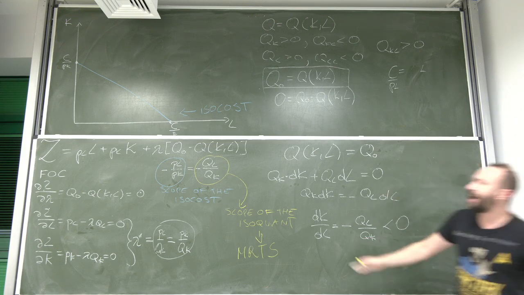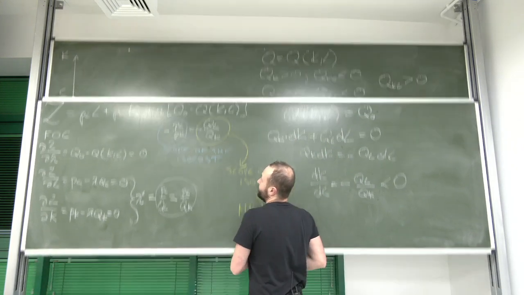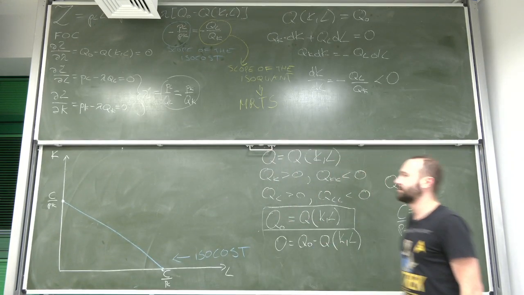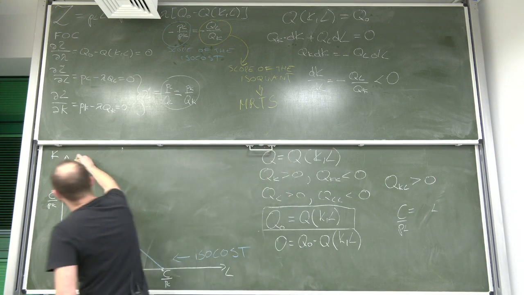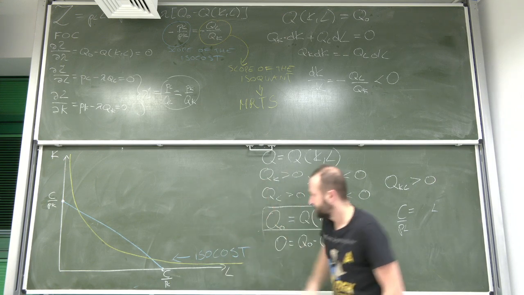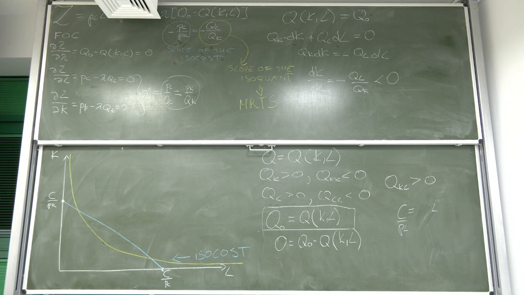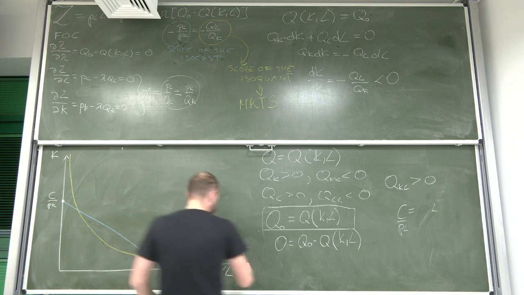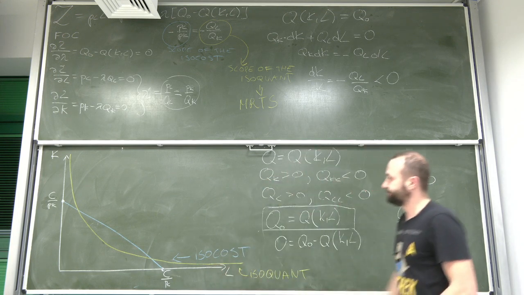So look, now if I want to add isoquant over here, this isoquant will have shape very similar or identical as indifference curve, right? So this is our isoquant. Okay.